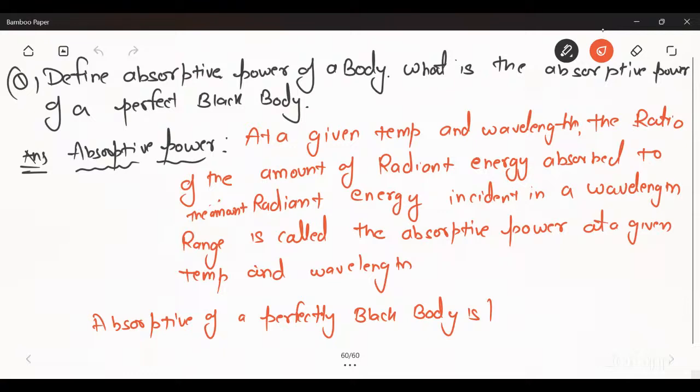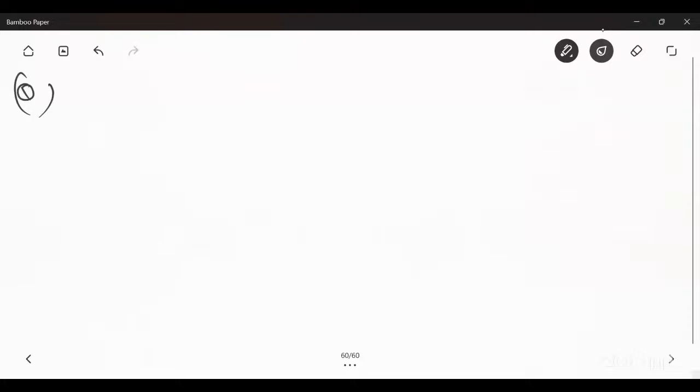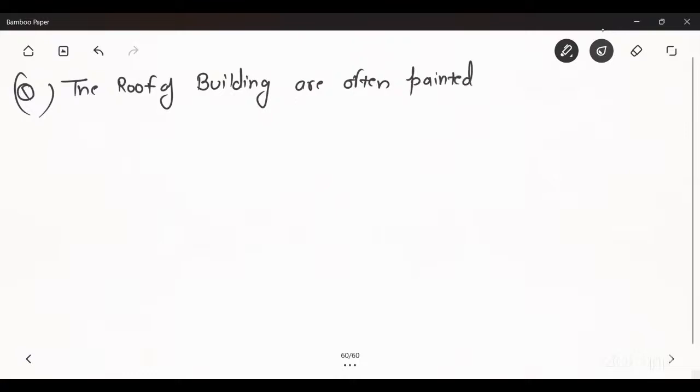Now the second question is: the roof of buildings are often painted white during the summer.